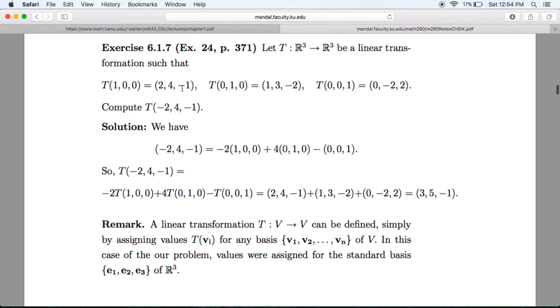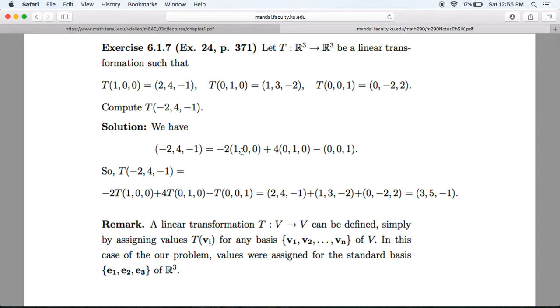This is another easy exercise where it is given that something is a linear transformation, and we are given the images of the standard basis vectors, and we are to compute the image of some arbitrary vector.